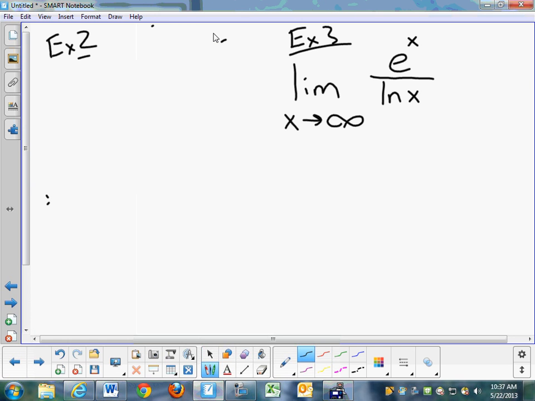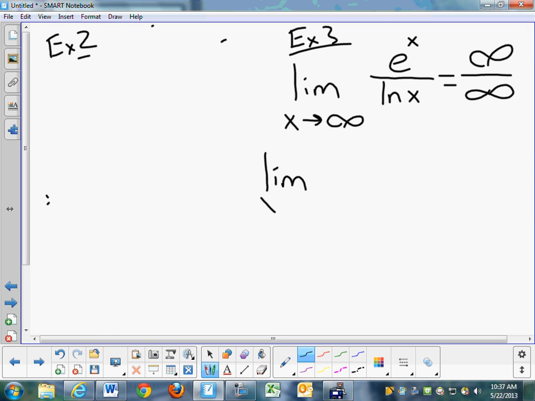So if you were to plug infinity into this, e to the infinity would give you infinity. Natural log of infinity would give you infinity. And so you come up with an indeterminate form. So what we could do instead is take the derivative of each and look at the rate of change.